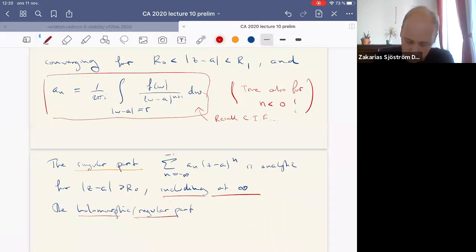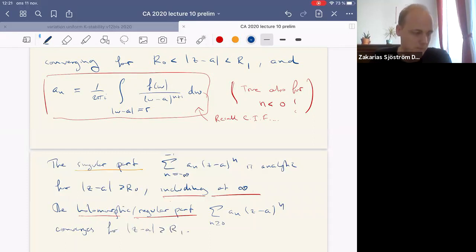Okay, so let's call it like that. So this one, so this is just this part. This one converges for absolute value larger than R1.